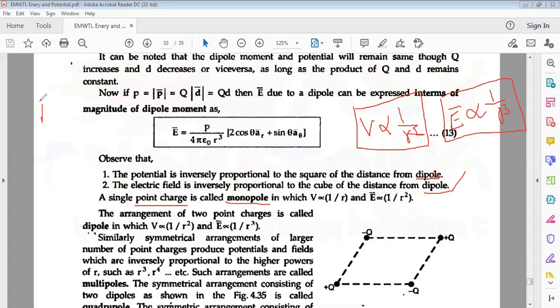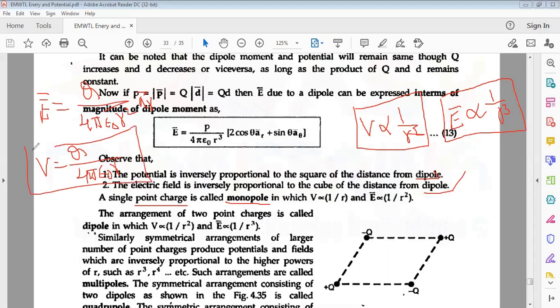For the point charge, E bar is equal to Q by 4 pi epsilon naught R square into AR bar. The potential is Q by 4 pi epsilon naught R. These are the two formulas for the electric field intensity and the potential of a point charge.